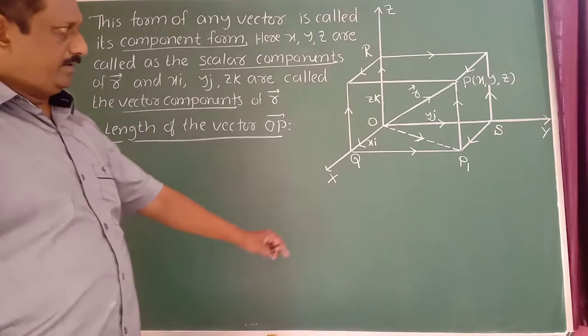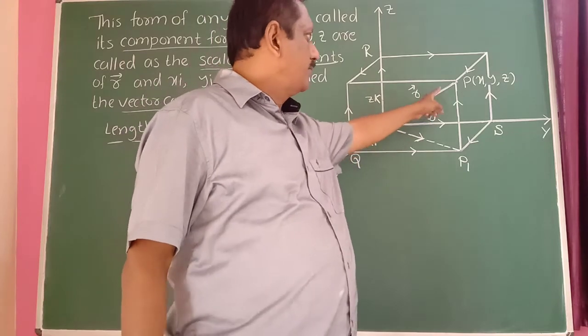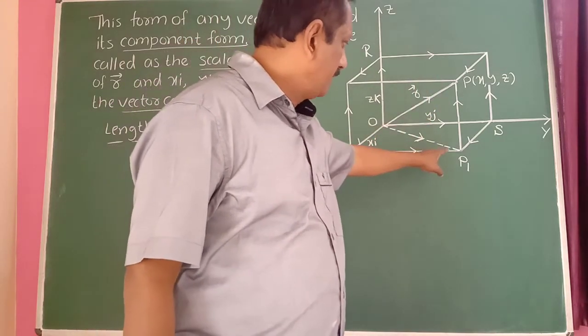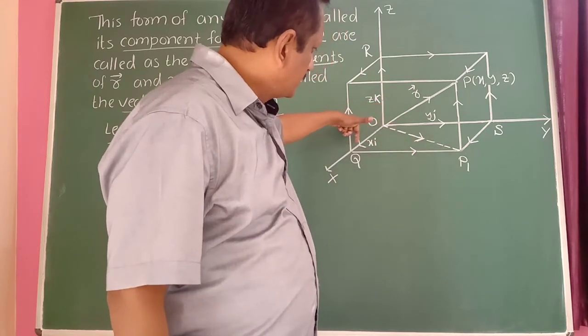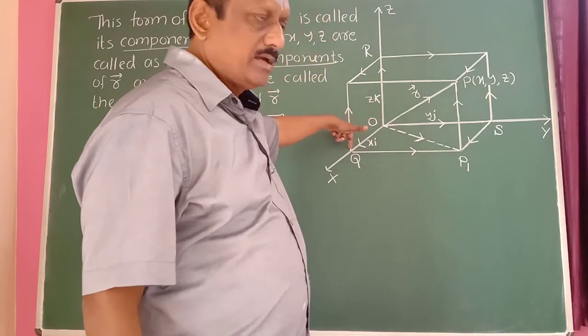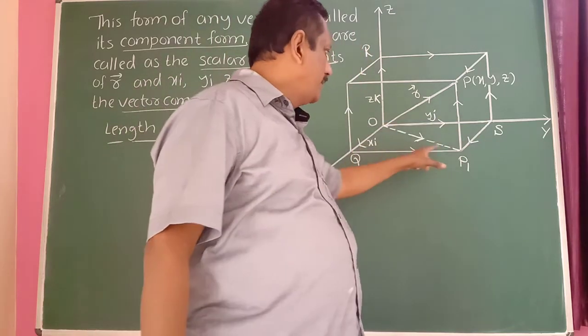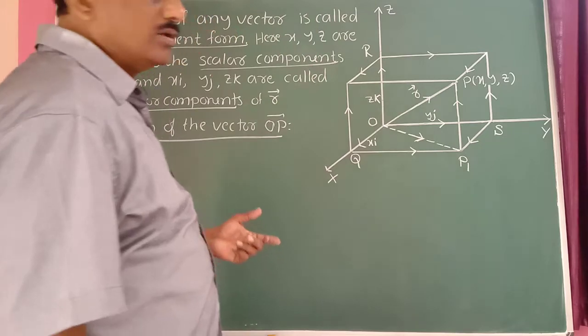In this case, we want the length of this vector OP. Again use triangle OQP1. Here OQ is equal to x unit, and OS is y, then QP1 is also y unit. You know the Pythagoras theorem.